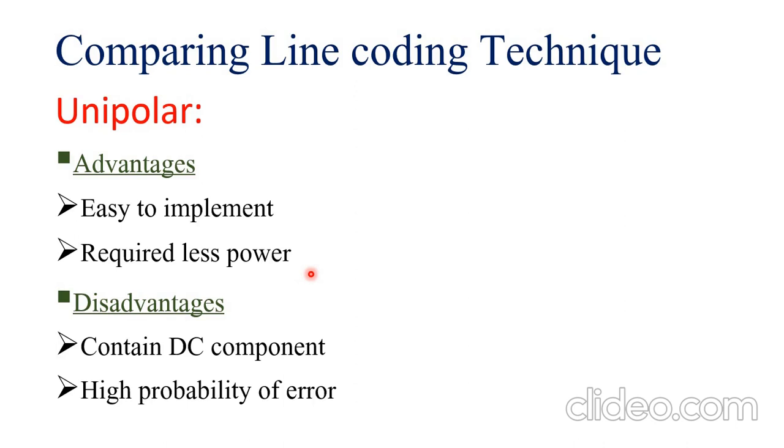As we know, in unipolar, when you send bit 1 and bit 0, for bit 1 the amplitude is A, and for bit 0 the amplitude is 0. So it is very easy to implement and it requires less power.